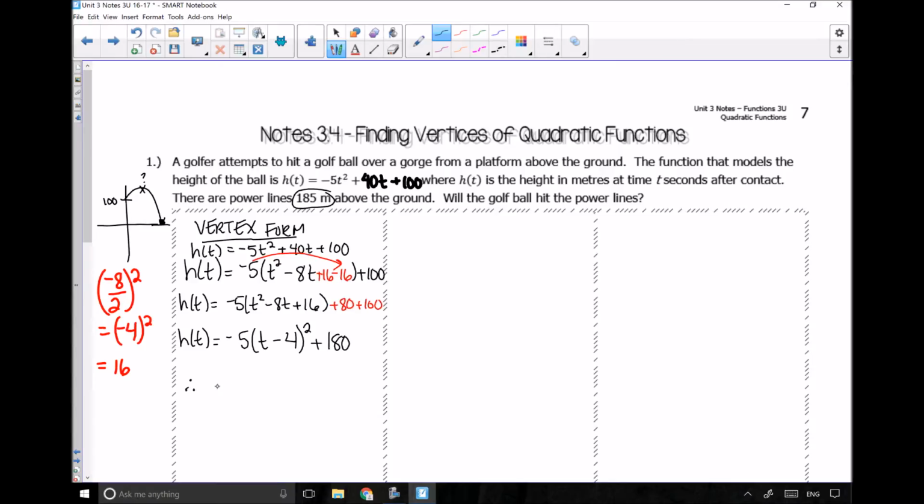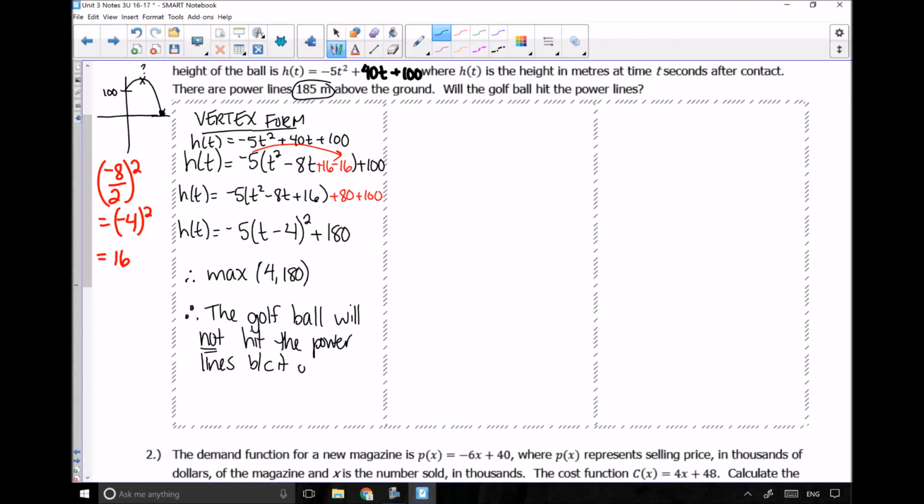So therefore my max is going to be, and I know it's a max because it opens down, so it reaches the highest point, so my max is going to be 180, and I can say, therefore, the golf ball will not hit the power lines because it only reaches a height of 180 meters. Okay, so it's not going to be high enough.